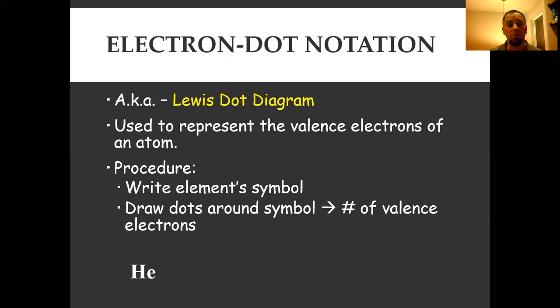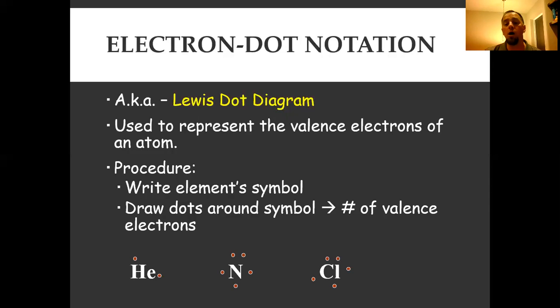For example, helium. We know helium has 2 valence electrons. So I could write the element symbol and then draw 2 dots for the 2 valence electrons for helium. Nitrogen, we know nitrogen has 5 valence electrons, and chlorine, one of the halogens in the 7A group, has 7 valence electrons.